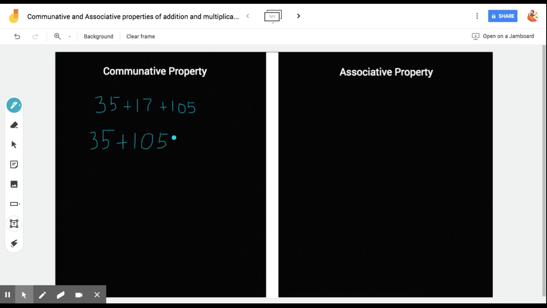I should be able to do that in my head pretty easily. Then I can take that 140 and add my 17. You can, of course, do it long ways, but also 140 is a multiple of 10, and I say, okay, 140 plus 10 is 150, plus 7 is 157.